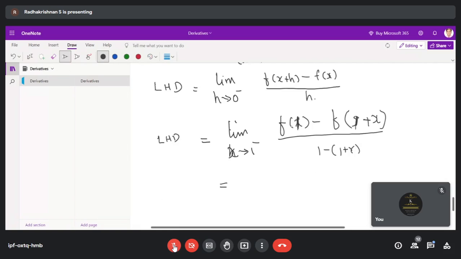So here if you see, this is f of 1 minus f of 1 plus x divided by 1 minus 1 plus x. So this is the other way of putting. When you want to find out the limit at a particular point, this is the formula that we use.